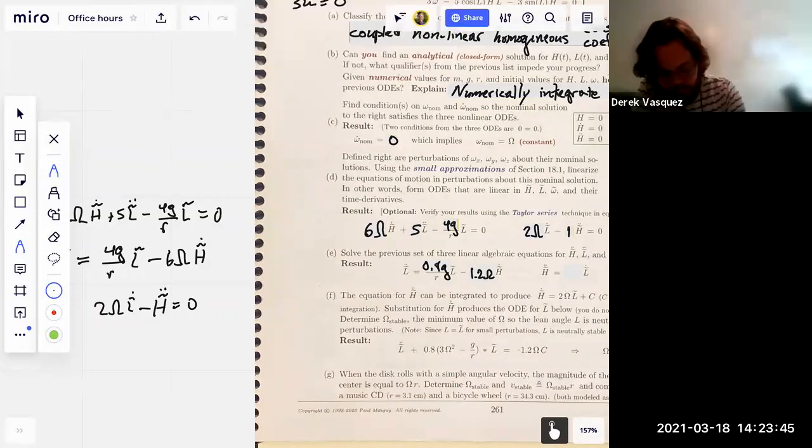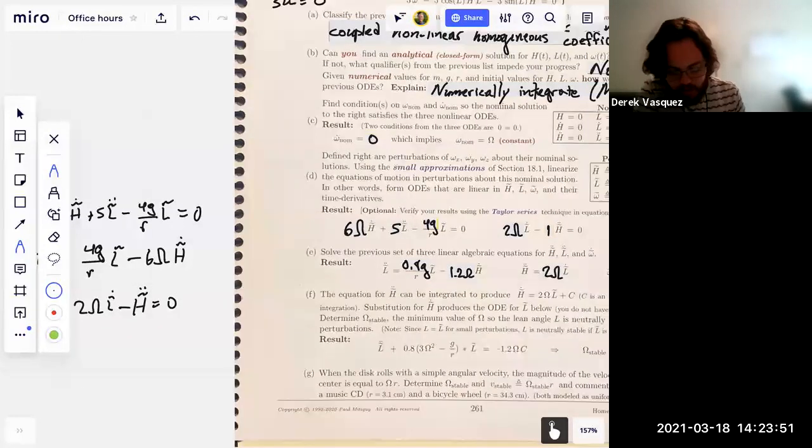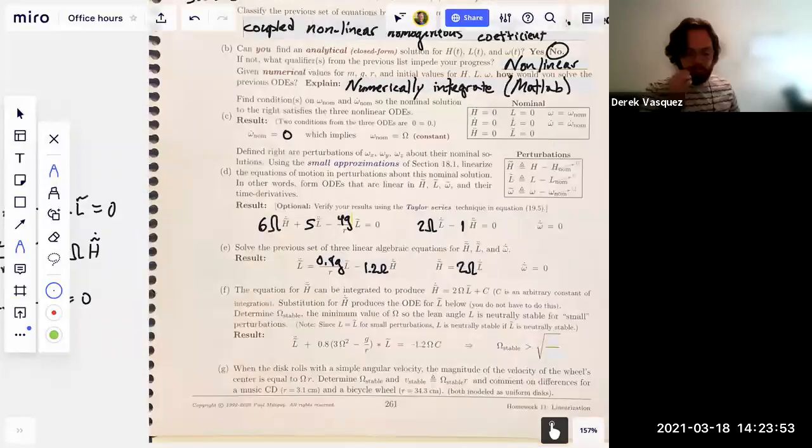That's right. It is 2 omega. Okay. Any other questions about linearization, or well, I guess part E was just algebraic manipulation. Questions about that?